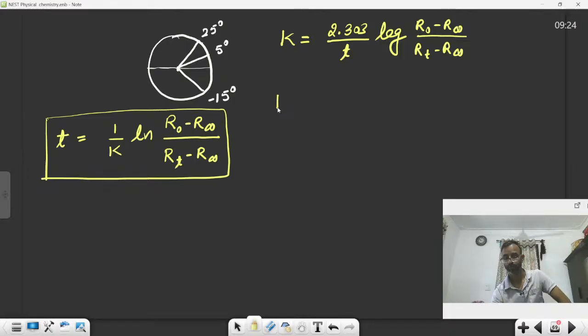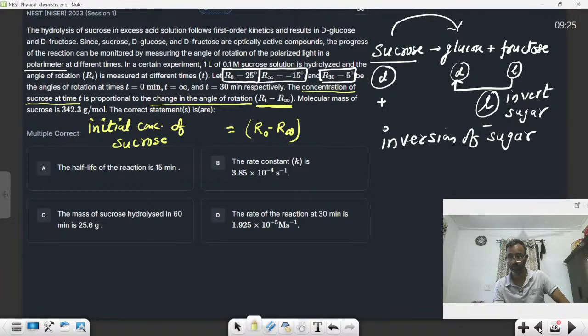After 30 minutes, half-life is given in minutes, but rate constant is given in per second, and rate of reaction is also given in mole per liter per second.